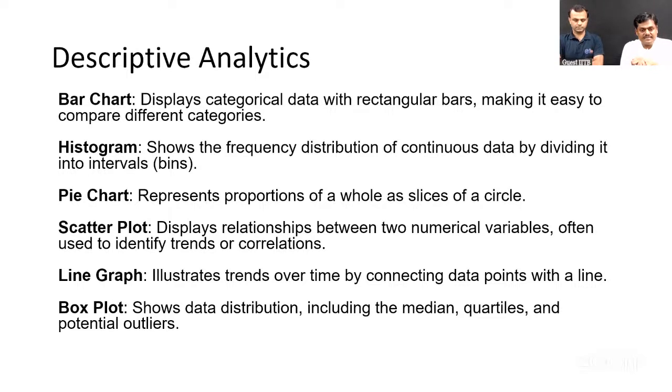A bar chart, histogram, pie chart, scatter plot, line graph, box plot, and different types of visualizing techniques. For now, I am skipping the definitions, but you can surely revisit them. You will get for which purpose, which type of visualizing technique or chart is used.